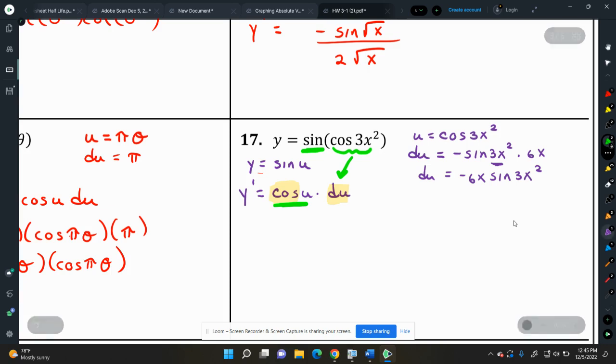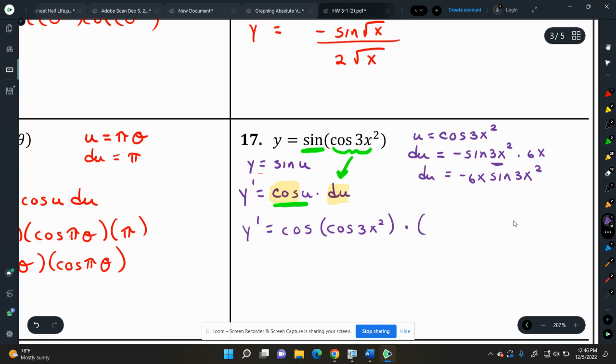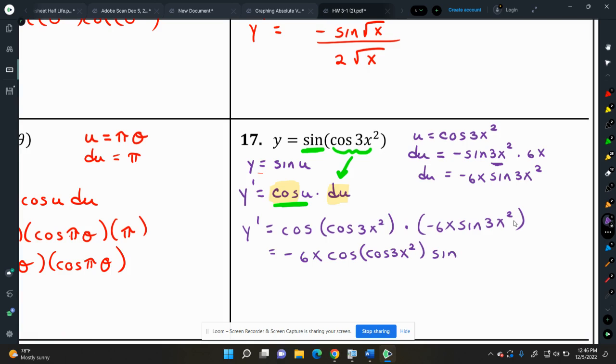Okay, so we have y prime equals cosine of cosine 3x squared times du, which is negative 6x sine 3x squared. So we get negative 6x cosine of cosine 3x squared times sine of just 3x squared.